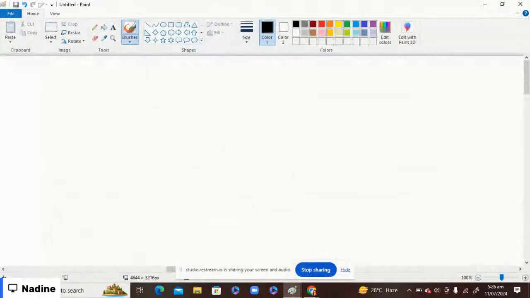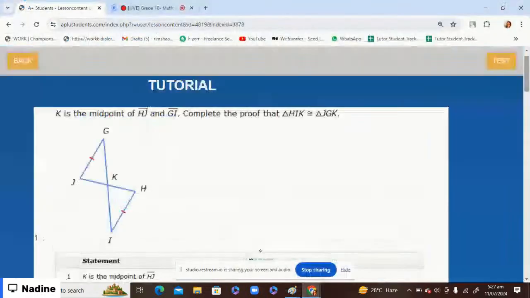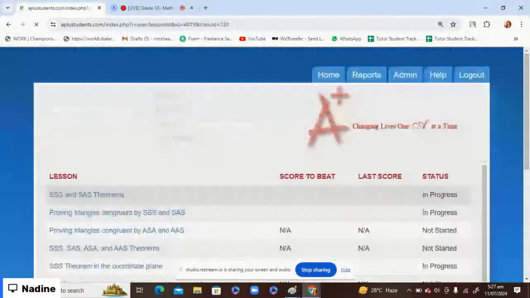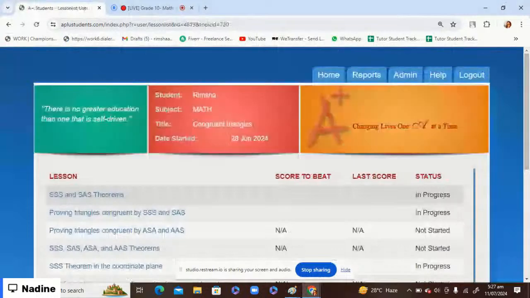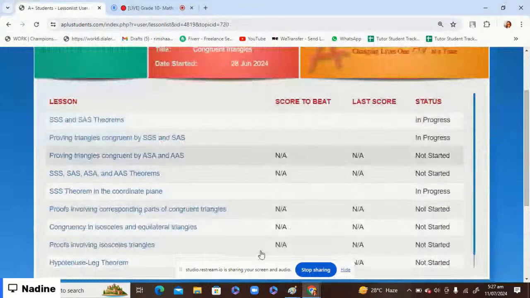So now let's discuss the next lesson. The third lesson, we started proving triangles congruent by ASA, angle side angle, and AAS, angle angle side.